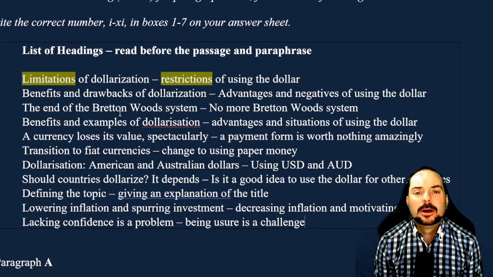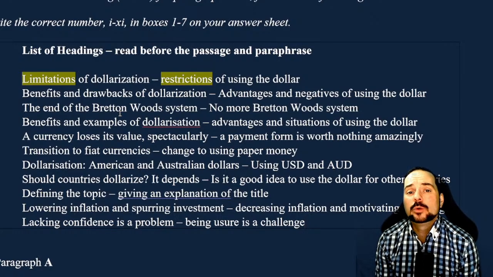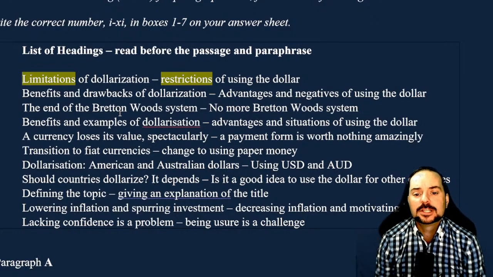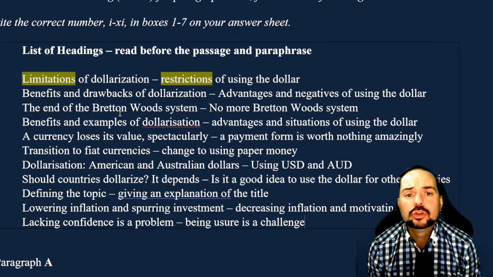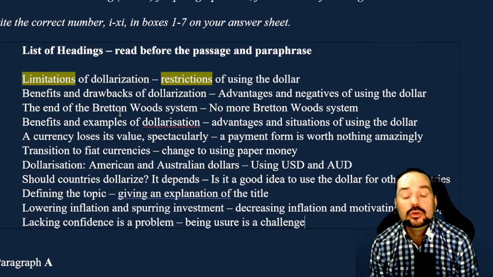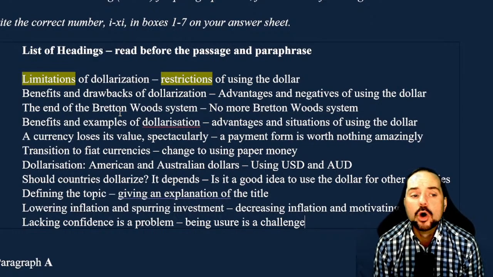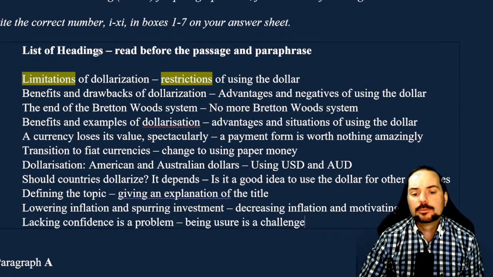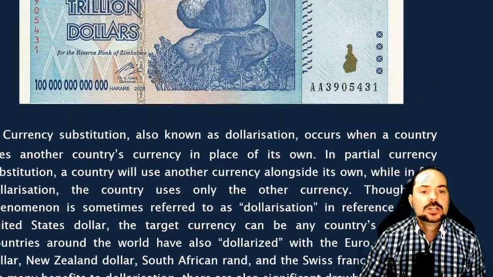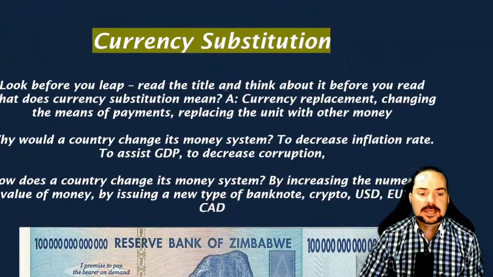kind of gives me a better idea of what I'm dealing with, my possible choices, and then I can read, right? Okay, so that's what list of headings is. Now we're going to use list of headings and answer these list of headings and use these paraphrases in a moment. But for now, what I'm going to do is I'm going to read the passage, okay, everyone? So read with me.